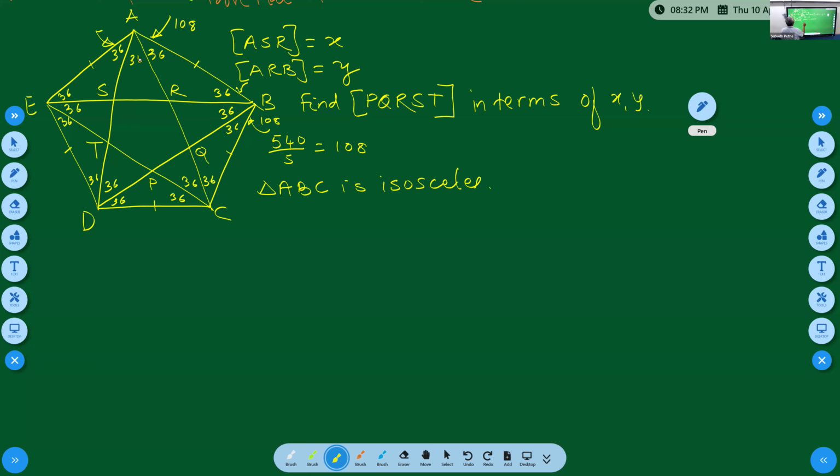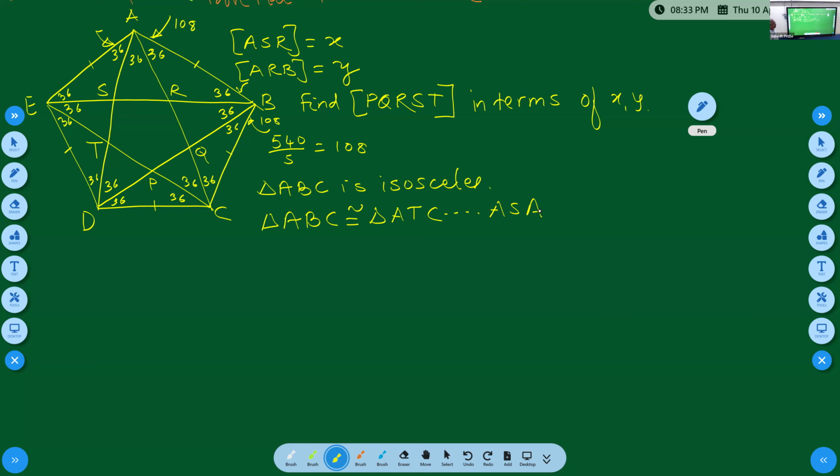Therefore, triangle ABC is congruent to triangle ATC. ABC is congruent to ATC by ASA. AC is a common side and both the base angles are 36, 36.